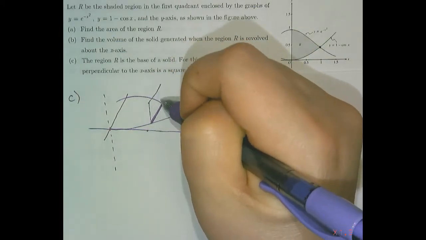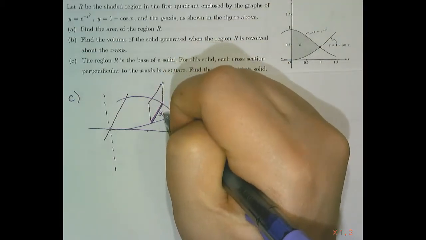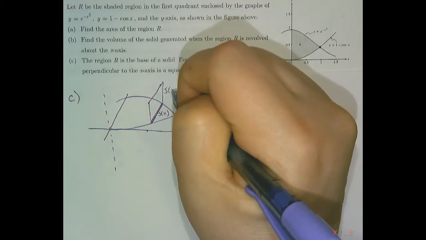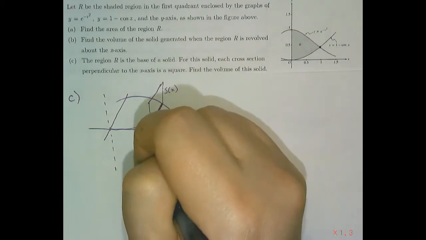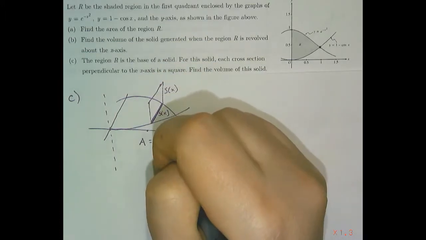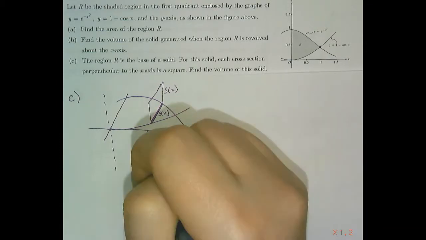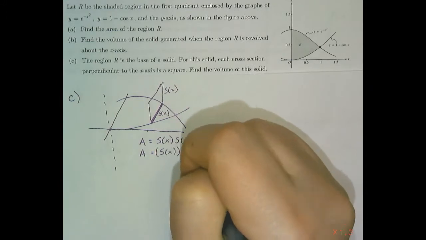So this shape here, you get a square, and we'll call this length s of x. And if it's a square, the height of that square is also s of x. So the area of one cross section is base times height, or just s of x squared.